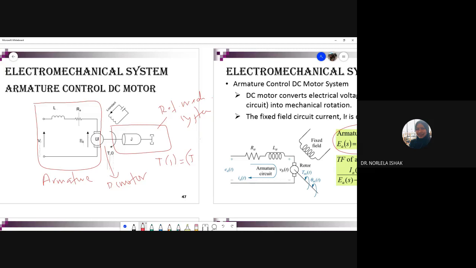Remember, it is Js squared, plus D, this is a damper, a viscous damper, Ds. The inertia and damper are related to the motion, this is our motion or our displacement. So this is the equation you can derive from the rotational mechanical system.